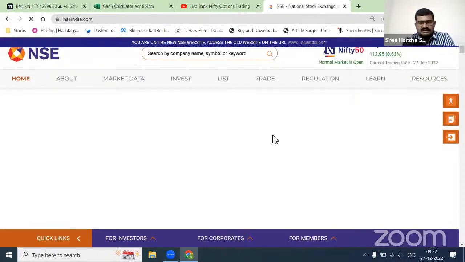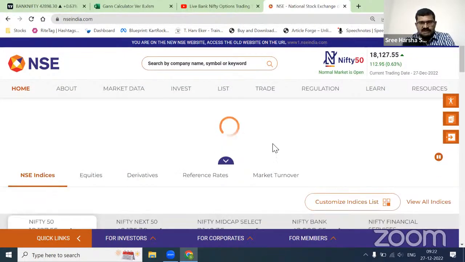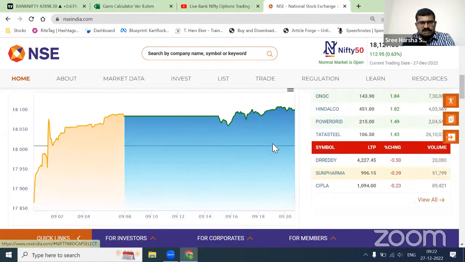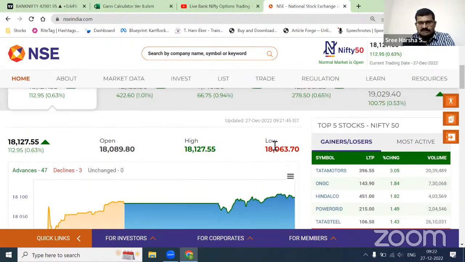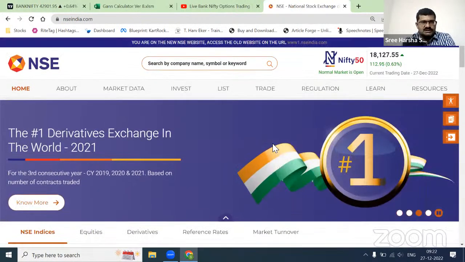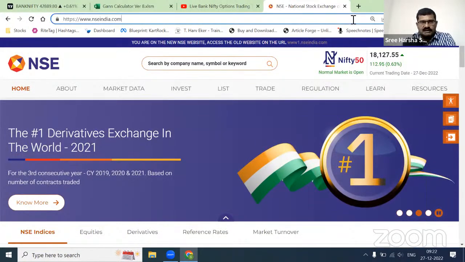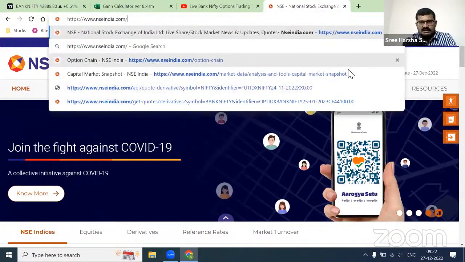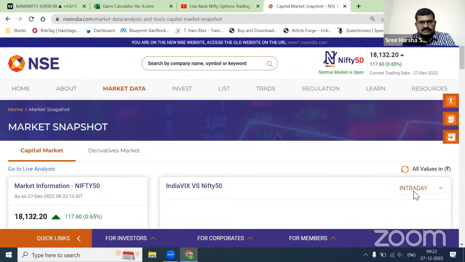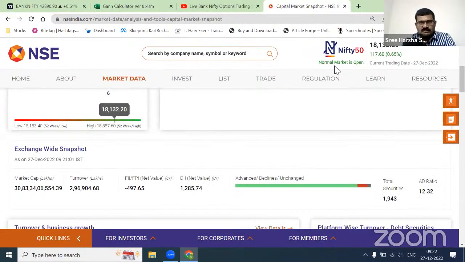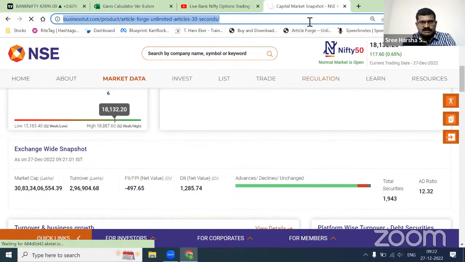Yesterday, market structure, everything was very strong, and bulls were back in action. Today also, it looks very similar. 47 stocks are up, which means that bulls are currently in control. Wow, almost every other stock is up.